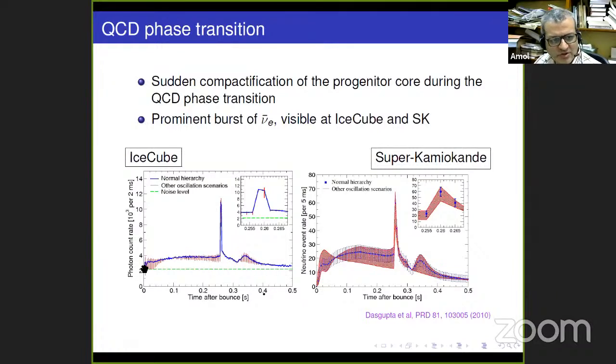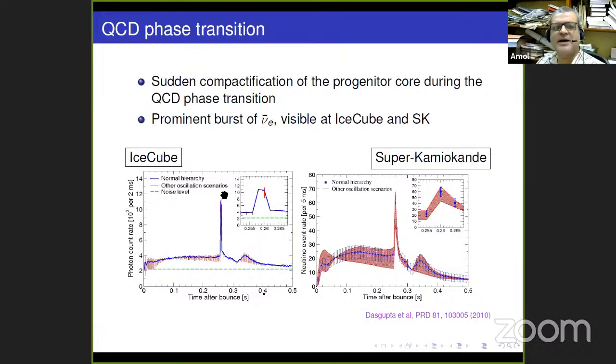The green stuff is the noise level in IceCube, or the background, and the blue thing that you see is the signal because there is a supernova explosion and neutrinos are coming out. But if the core compactifies, then in addition to this smooth blue line, you will have a very sharp peak, here at about 0.26 seconds.